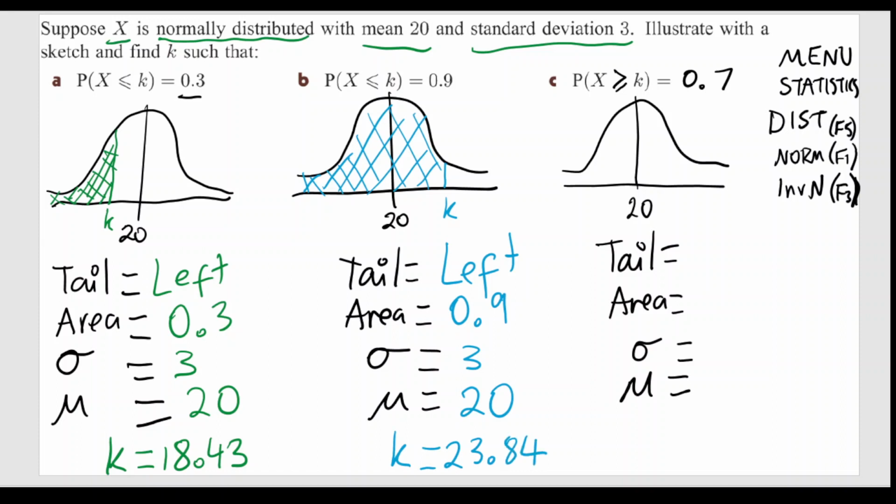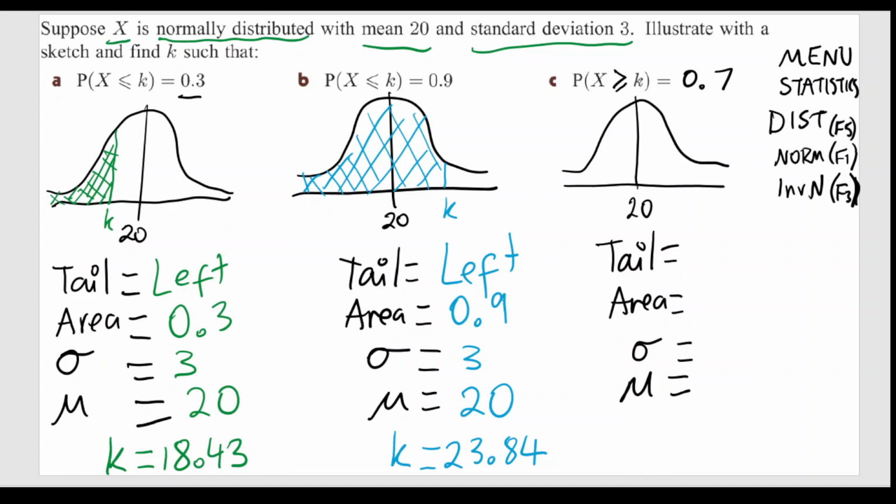So again, what this means is that our k that we draw on the graph is representing this point that is either the end of that 30% in the first one, or the end of the 90% in this second one. As you can see, we've got k in the first example, which is 18.43, and that makes sense because we're looking at something that is less than 20. Looking at our second diagram, we've got k that is 23.84, which is greater than 20, so again, that makes sense.